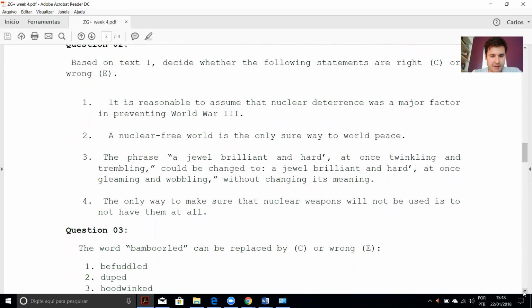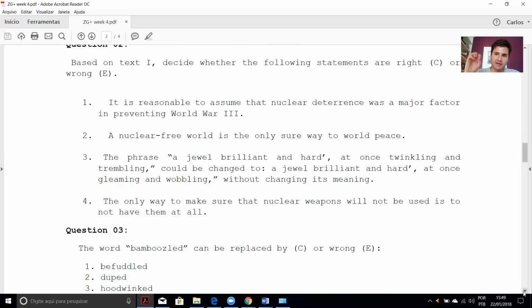Question 2, item number 3. The phrase a jewel brilliant and hard, at once twinkling and trembling, could be changed to a jewel brilliant and hard, at once gleaming and wobbling, without changing its meaning. And this one is a straight up vocab question, and they can be interchanged. They're synonymous.